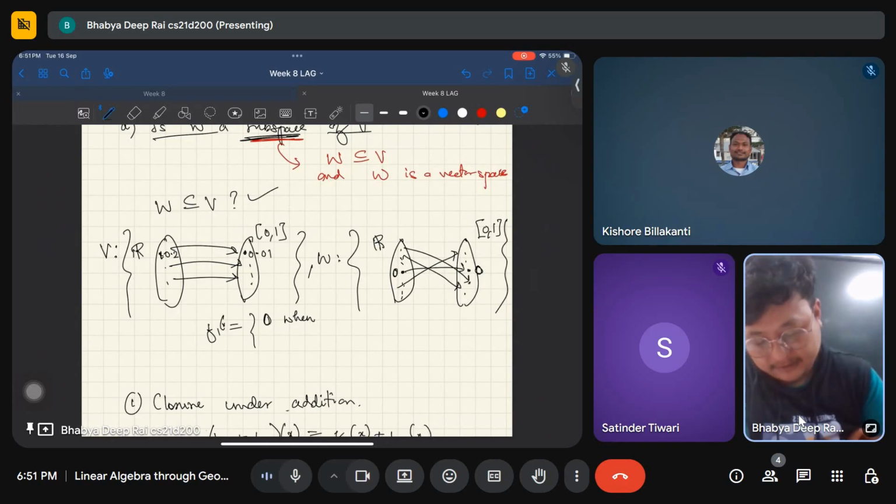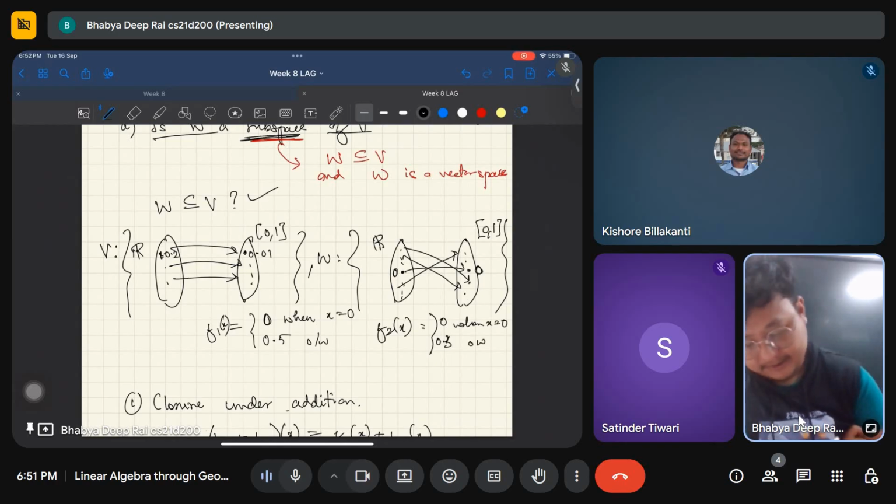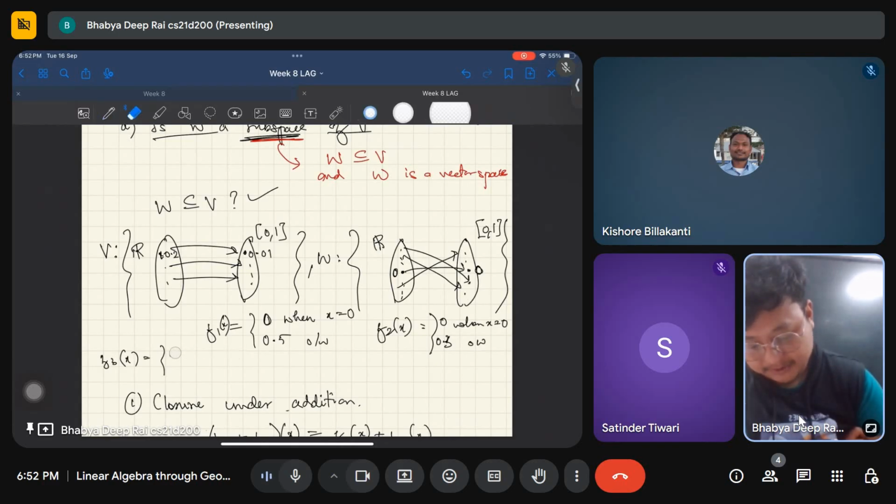f1 of x is 0 when x equals 0, and f1 of x is 0.5 otherwise. f2 of x is 0 when x equals 0, and it is 0.3 otherwise. Or let's say f3, and let's be more creative.